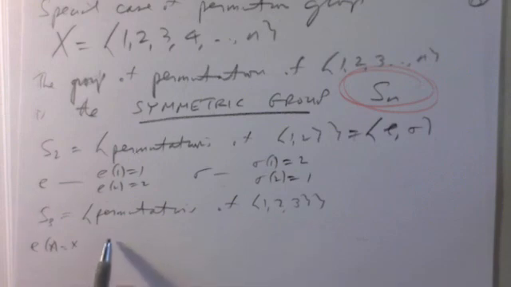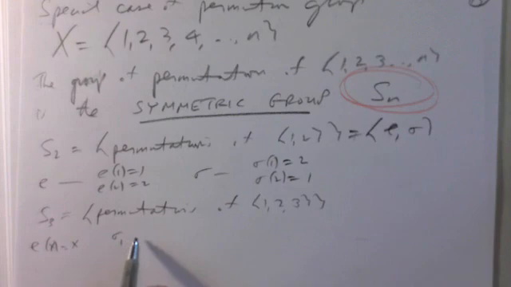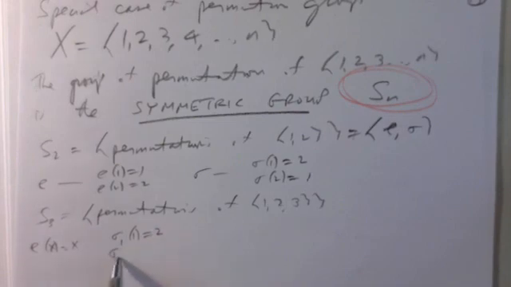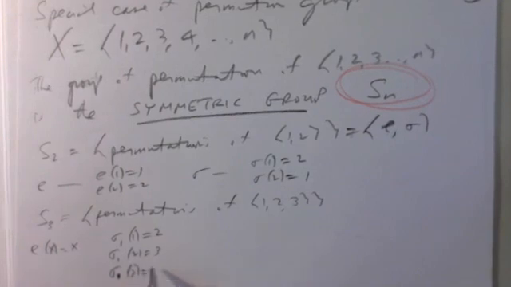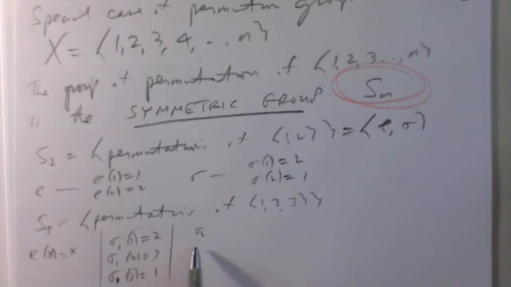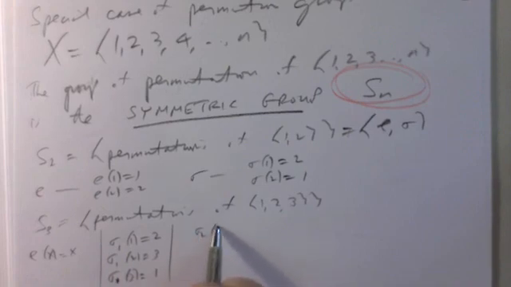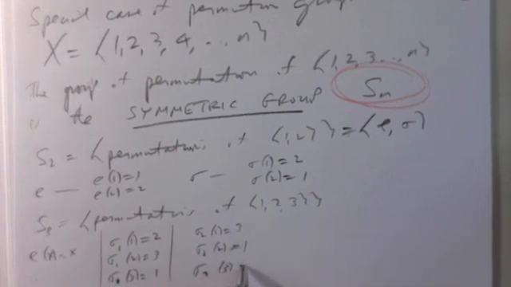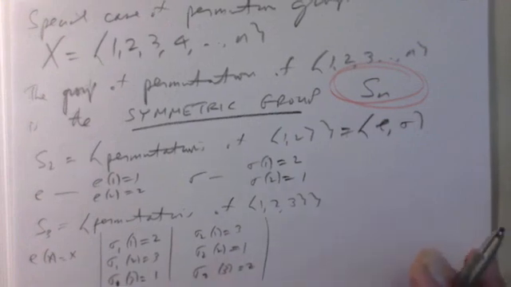We have, let's say, the permutation, I'll call it sigma 1, which is defined by sigma 1 of 1 is 2, sigma 1 of 2 is 3, sigma 1 of 3 is equal to 1. That's a permutation. Or I have sigma 2 defined by sigma 2 of 1 is 3, sigma 2 of 2 is 1, sigma 2 of 3 is 2.